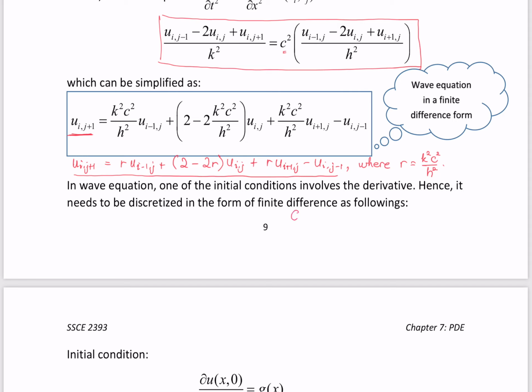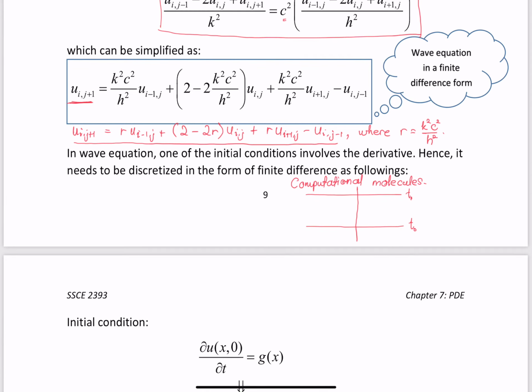And if we draw our computational molecule for this wave equation, so we have for the t level, let's say this one at t equal to 0, and then the next level at t equal to t1, sorry.